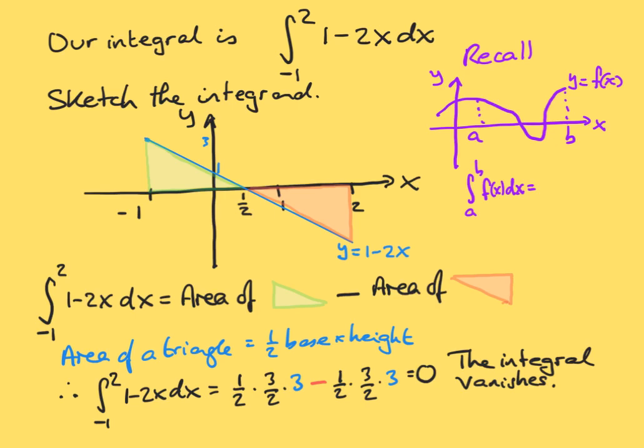So if I call this area A1, and let's say that we call this area A2, and this area A3, then our definite integral here between what we're calling a and b would be A1 minus A2 plus A3.